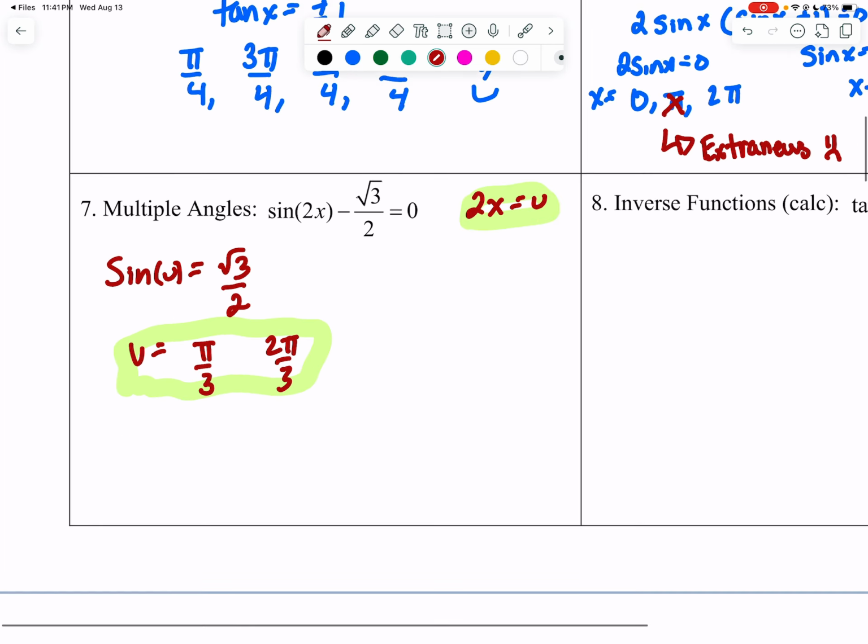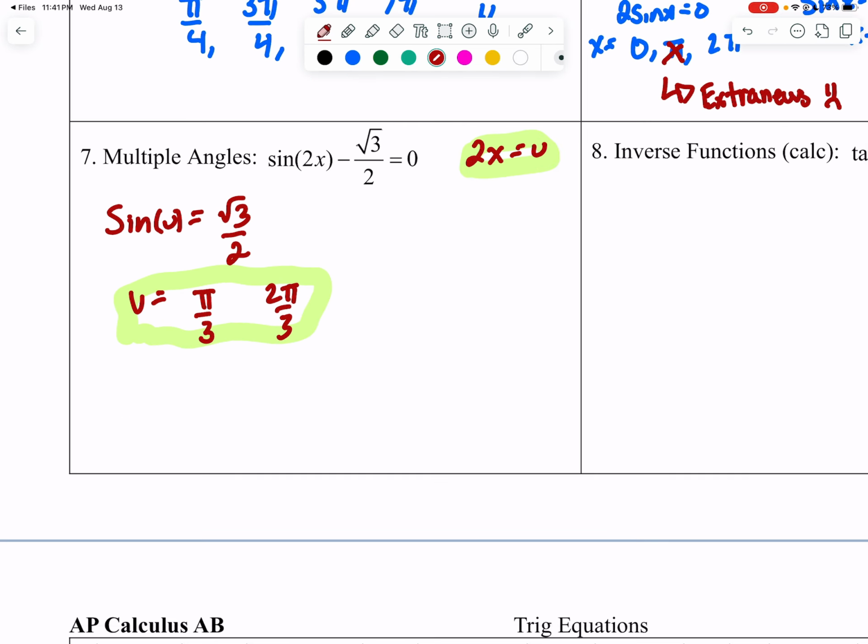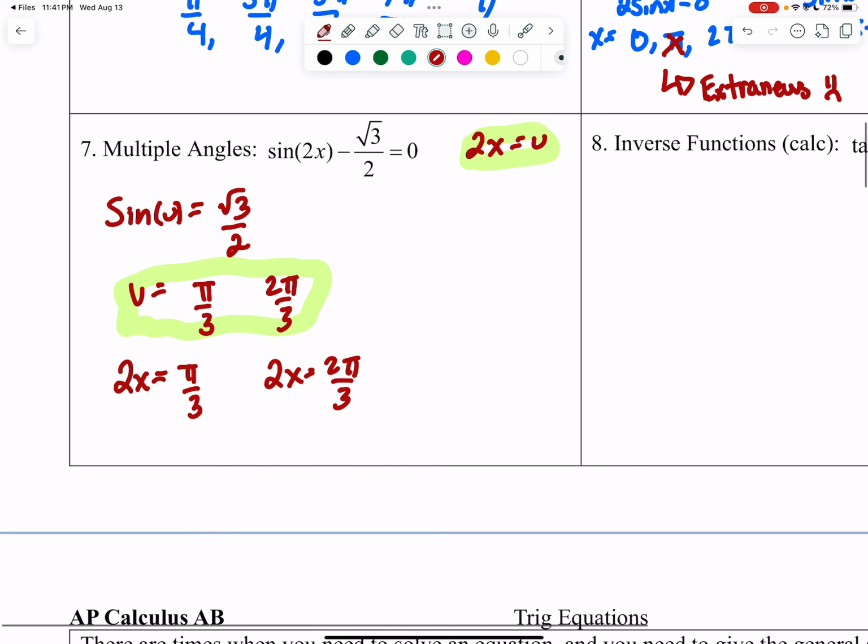So technically, if I were to divide this by 2, since I have 2x is equal to pi over 3 and 2x is equal to 2 pi over 3, technically my answer is going to be pi over 6. And then technically my answer is going to be, what is that? Pi over 3.